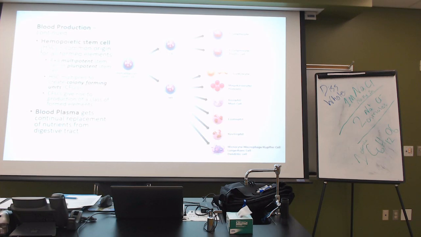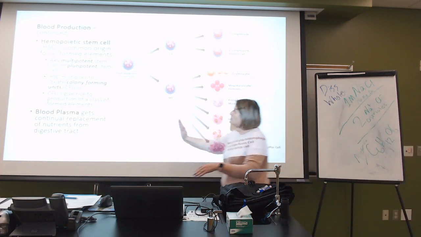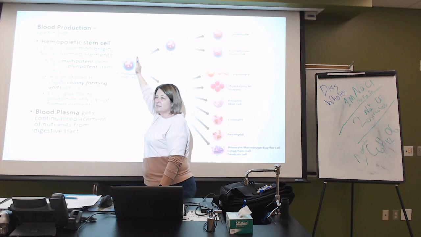So, in the case of getting what we need for the blood, we have a cell that is considered one big, huge stem cell.